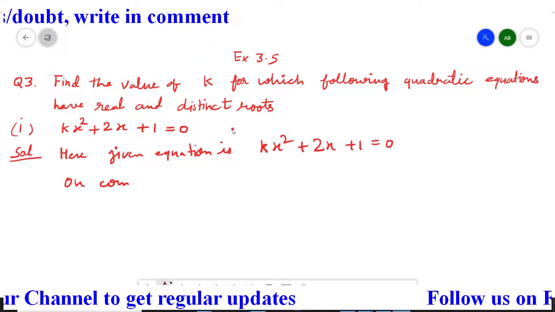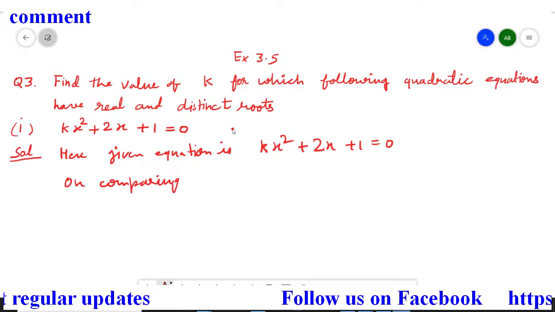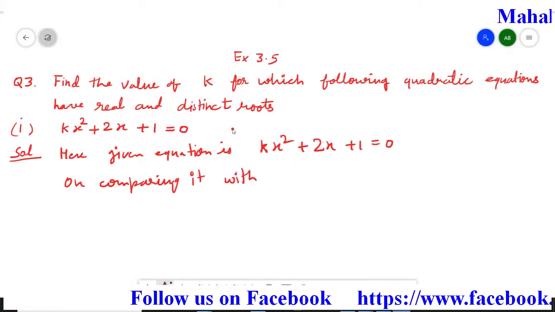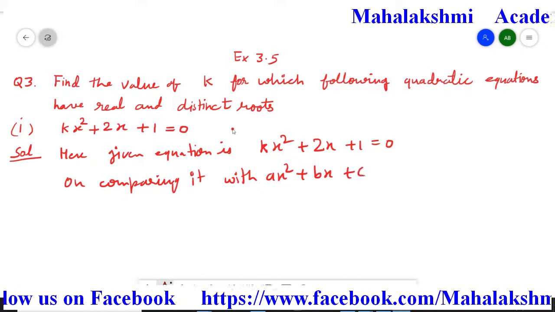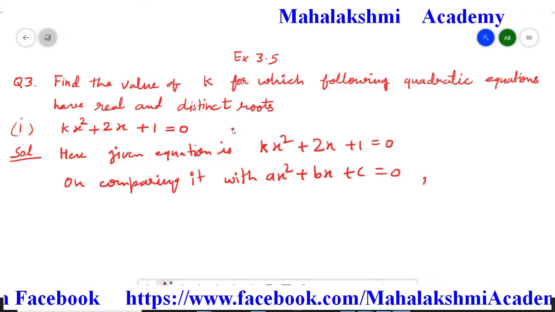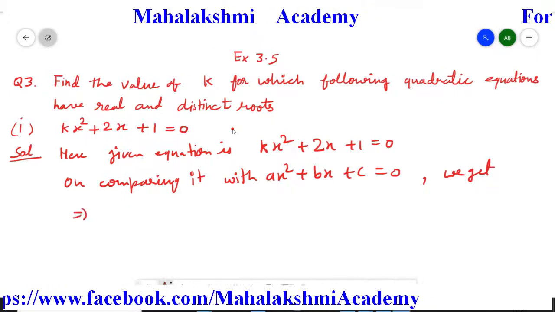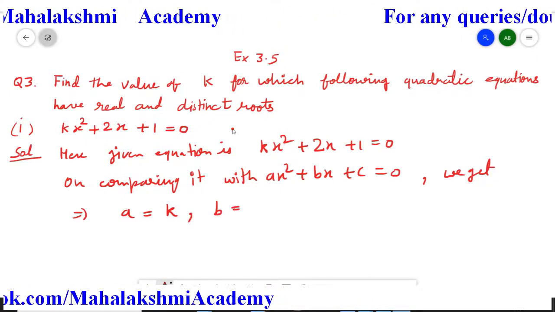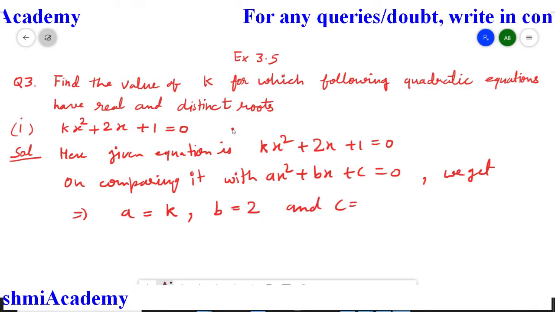Now we will compare it. On comparing it with ax square plus bx plus c equal to 0, we get a equal to k, b equal to 2 and c equal to 1.